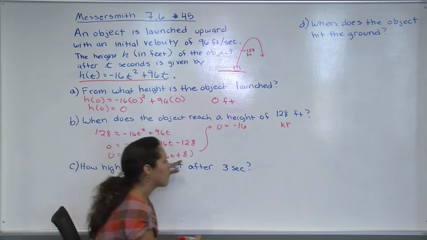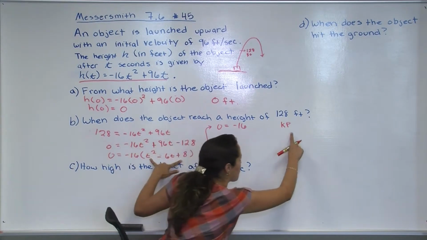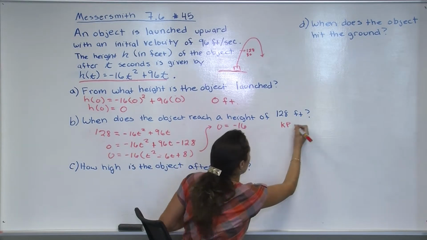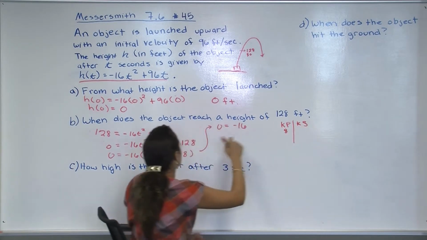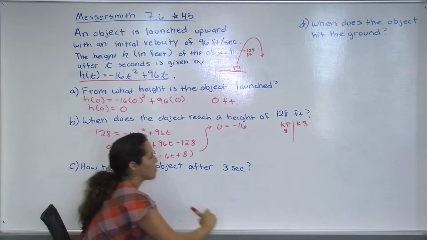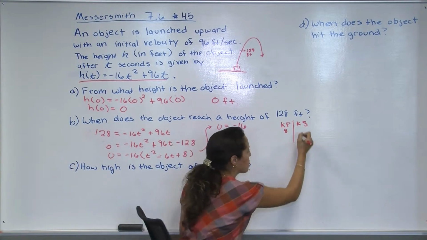If you multiply those two coefficients together for your key product, that would be 1 times 8, which is 8. And our key sum is simply the coefficient of the middle term, which is negative 6.